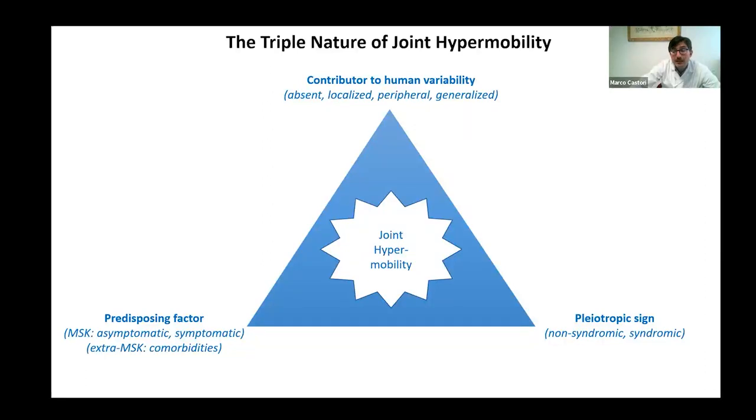Joint hypermobility can also be considered a predisposing factor for musculoskeletal conditions, as well as a neutral body sign apparently increasing the risk for specific extra-musculoskeletal comorbidities. I will dedicate a few slides to this topic later. Finally, joint hypermobility, and particularly generalized and peripheral joint hypermobility, may be a sign for various monogenic syndromes.